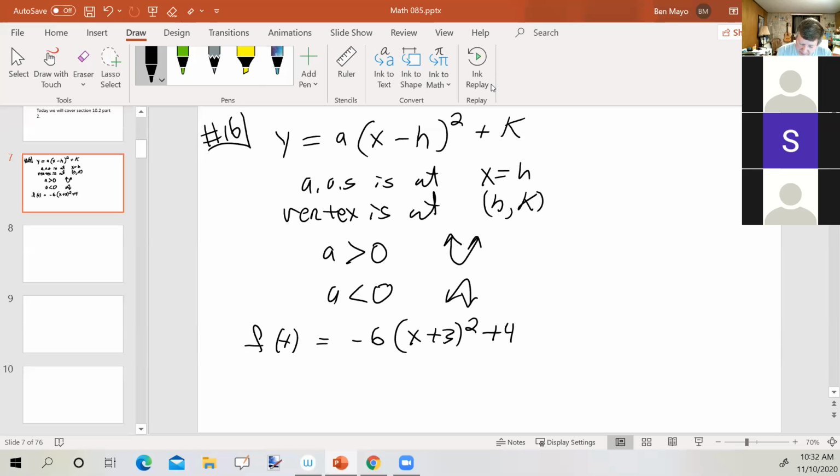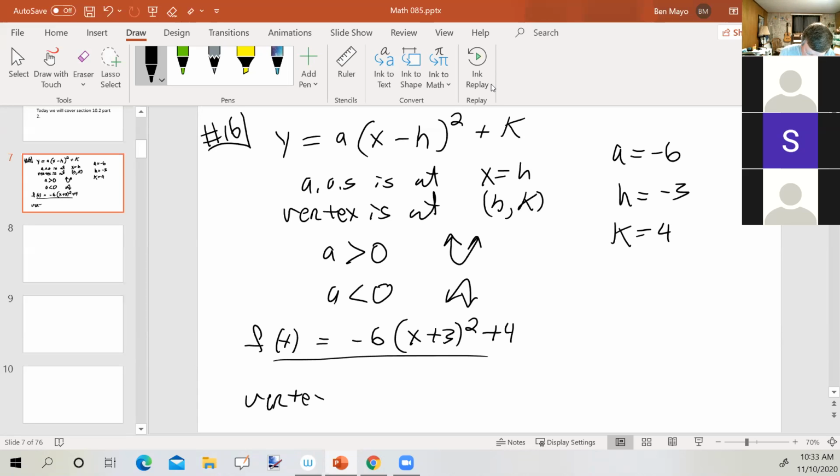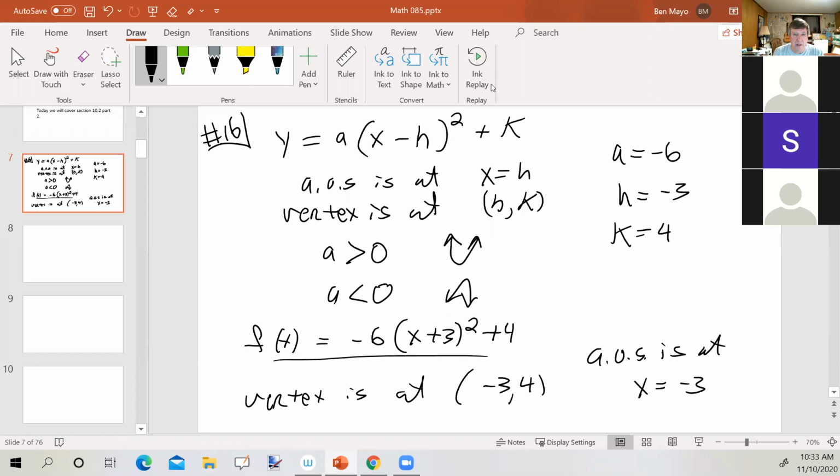So looking at this function, a is -6, h is -3, and k is 4. So the vertex is at (-3, 4), and the axis of symmetry is at x equals -3.